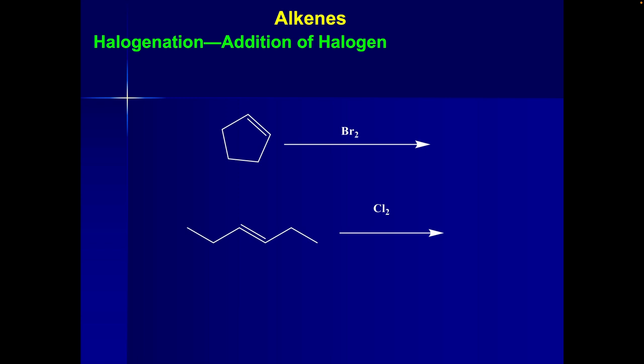So it is no longer appropriate for me to just call it 1,2-dibromocyclopentane. What do I need to call it? Trans. Trans-1,2-dibromocyclopentane. That is what I need to name this, because it matters. I could also theoretically have cis, but not in this reaction.